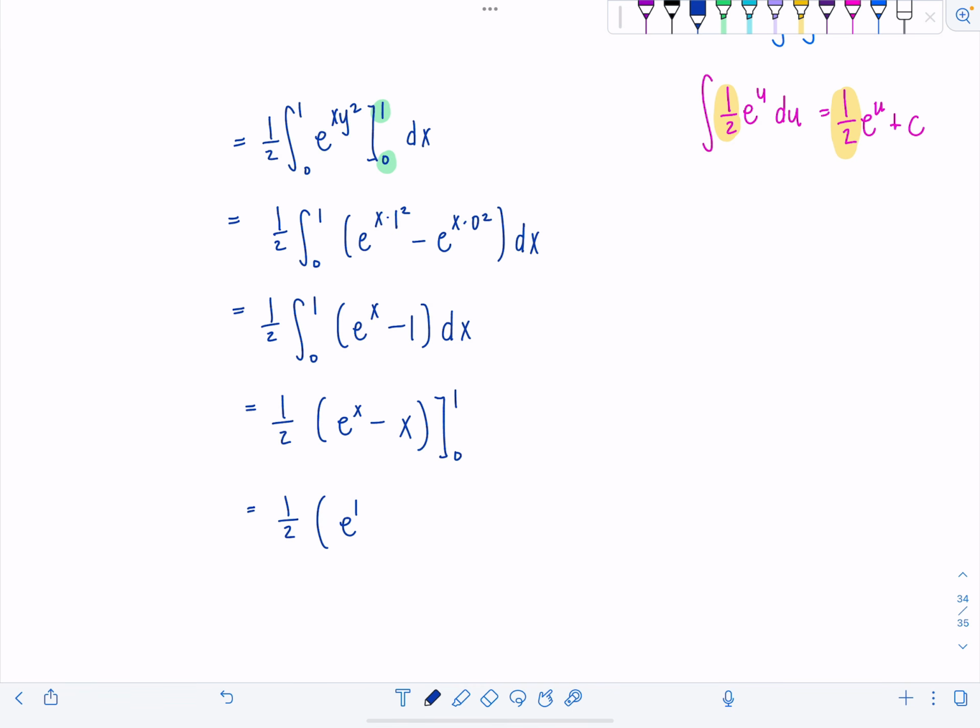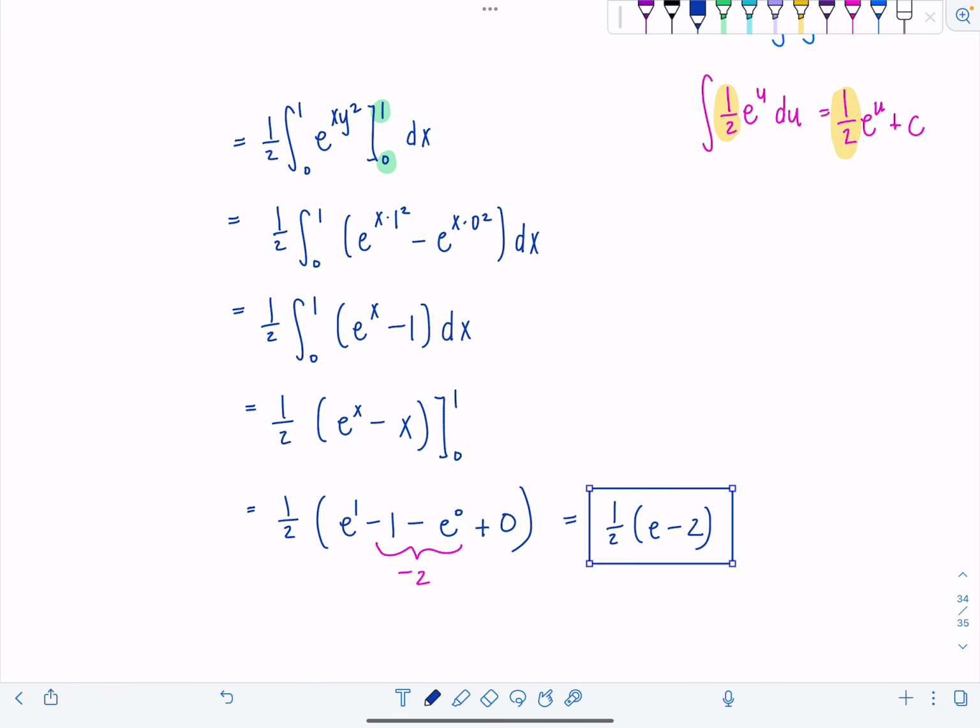We're going to have e to the first minus 1, minus e to the 0 plus 0. e to the 0 is 1, minus 1. Oh, those will combine together. So that's minus 2. So then we have 1/2 times e to the first minus 2. And honestly, I would just leave it like this. Beautiful.